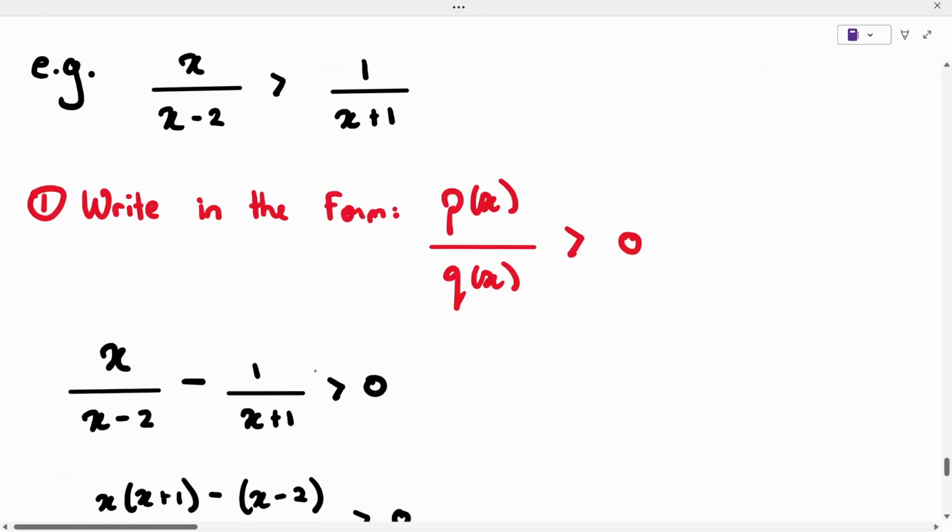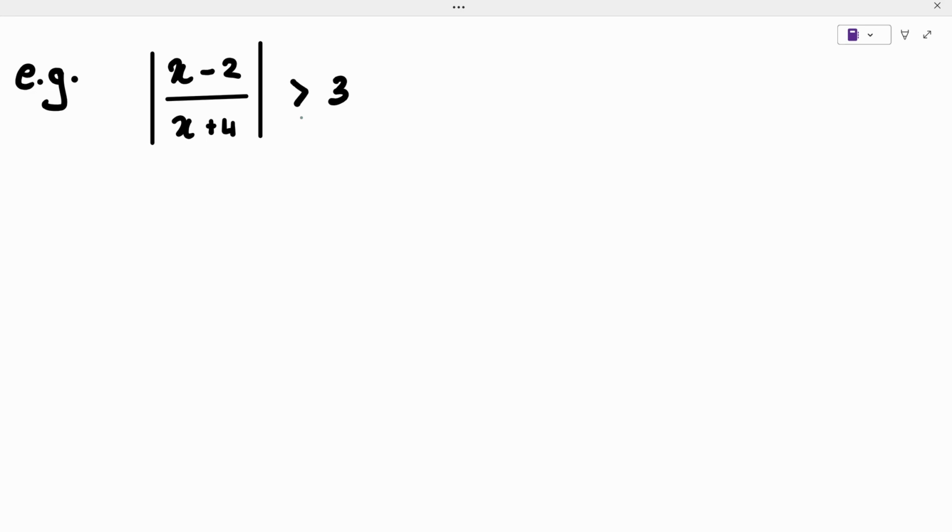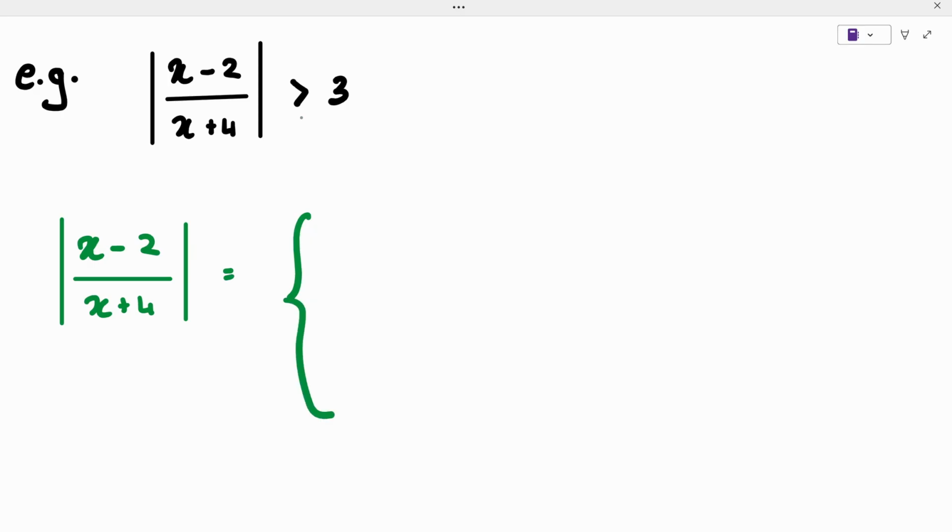So this next example incorporates rational inequalities and the absolute value, right? So if we want to solve this inequality, we recall our definition. We have the absolute value of x minus 2 over x plus 4. Using our definition, we can split it up into piecewise.